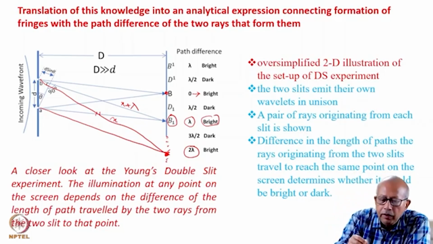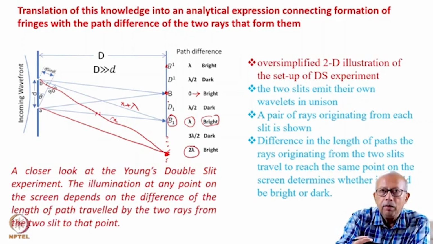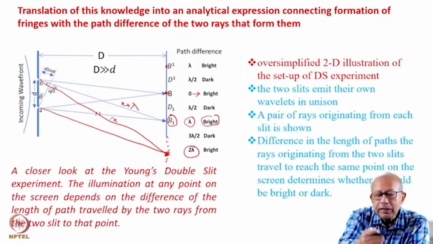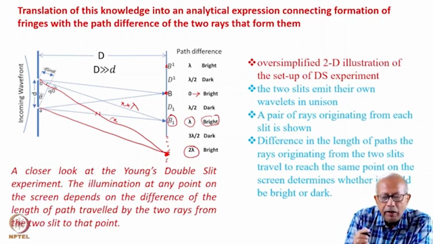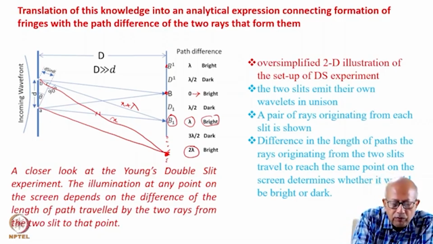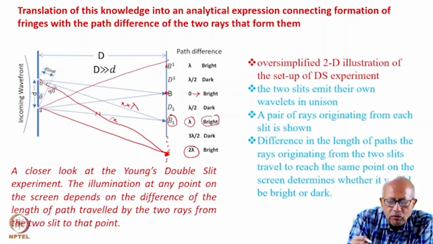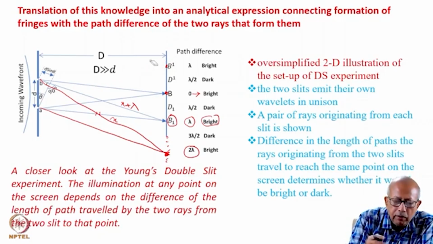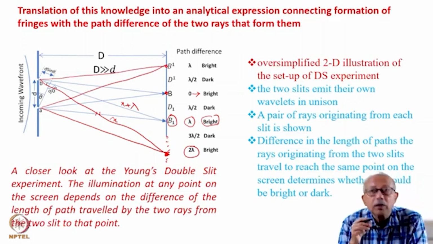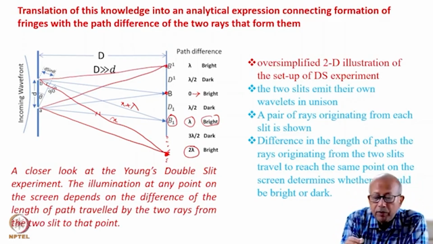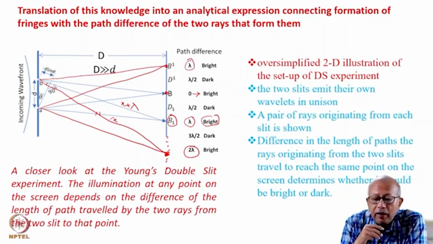Now, similarly, if you consider the region formed above the central bright region, the same logic applies, except that the ray which starts from the lower slit now travels a distance which is more than the ray from the upper slit. Nevertheless, the path difference is once again lambda.